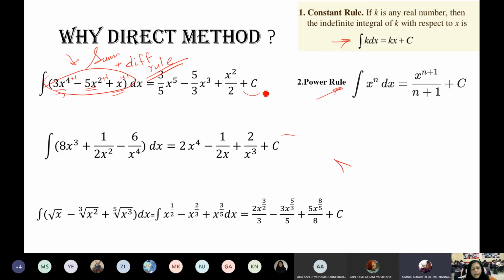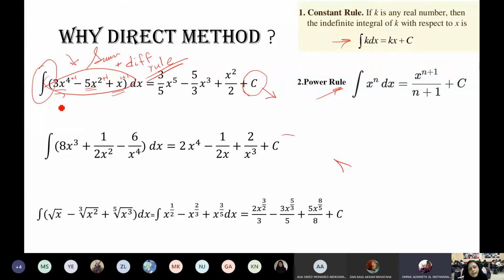Can you tell me why we write plus C? Which kind of integral is it, definite or indefinite? Indefinite.